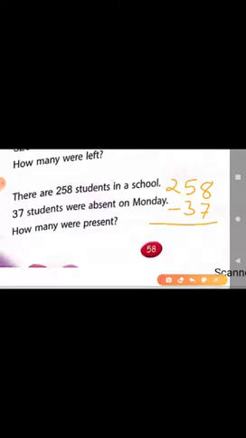So how many were present? 8 minus 7, 1. 5 minus 3, 2. And here there is no digit, that means again it is 2. So 221 students were present in the school on Monday. So this is how we do subtraction.